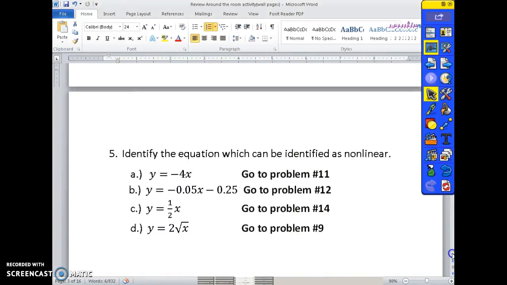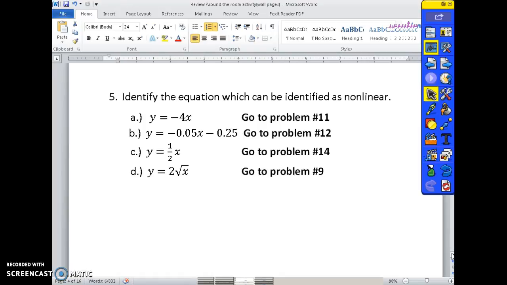For problem 5, I need to identify which equation is nonlinear. In order to have a linear function, our exponent cannot be bigger than 1. So I know that these three are going to be linear. But look at D. The square root of any number has 2 answers.